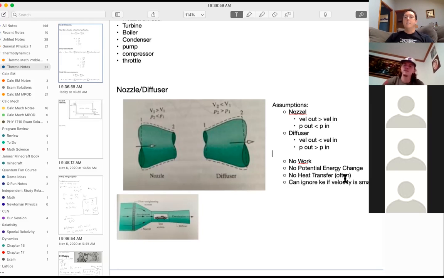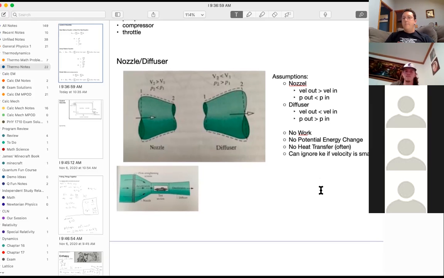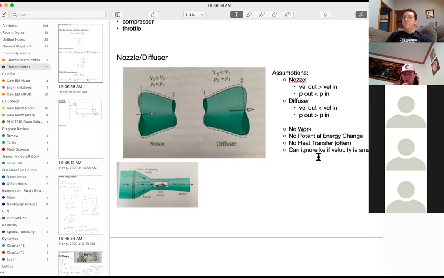But a lot of times you can do that. Similarly, in many situations, you're talking about slow velocities, in which case, even though the velocity changes numerically, it doesn't affect things very much. So you have to read the problem to figure that out.